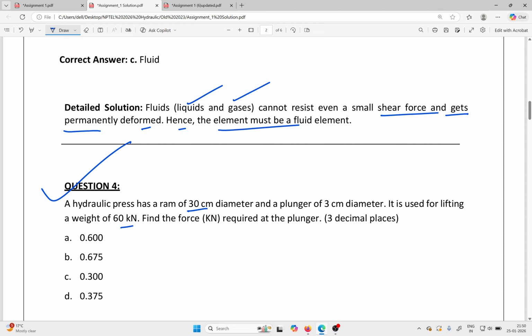Find the force required at the plunger. So you have a hydraulic press, with a ram of 30 centimeter and a plunger of 3 centimeter. Ram 30, plunger 3.